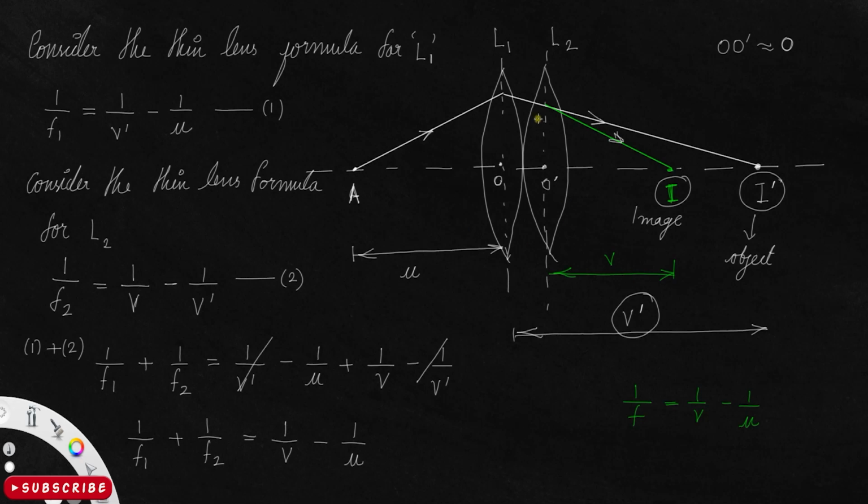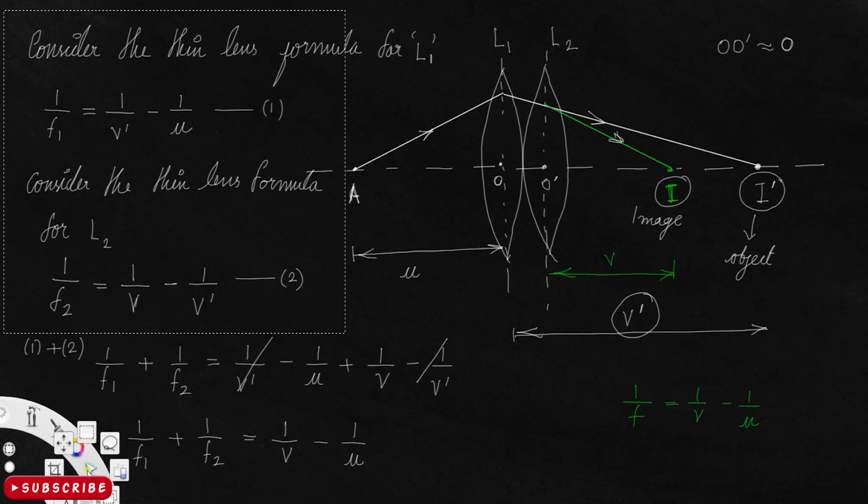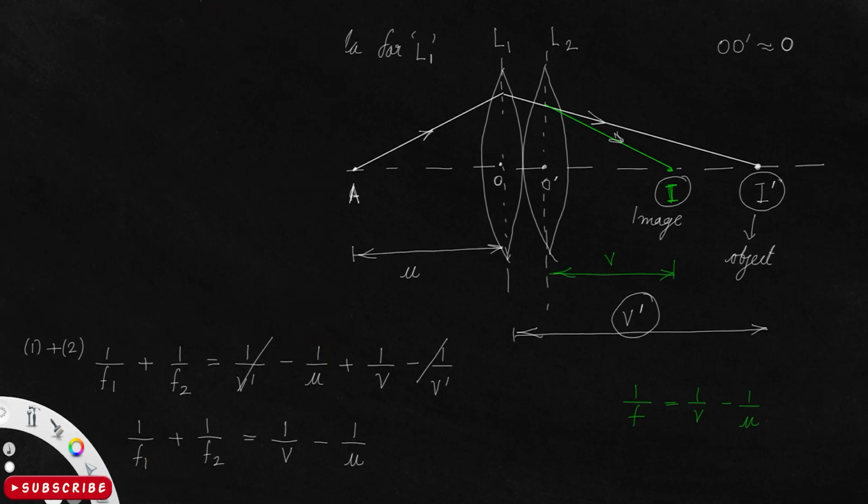Now, if I replace these two lenses with another lens, let's say L, so that their effect remains the same. This L is doing the same work as is done by these two lenses L1 and L2. So this is the principal axis. Now I'm placing an object in here.